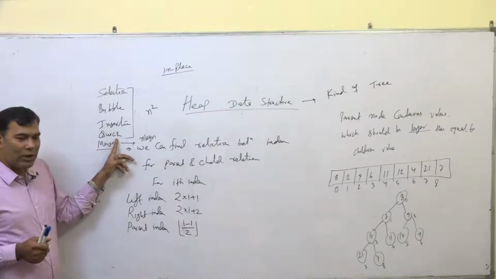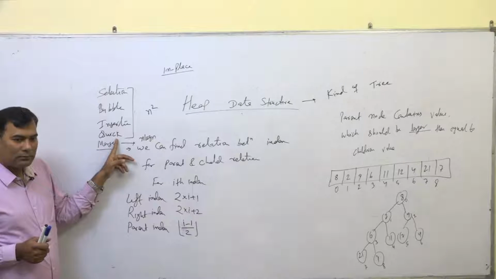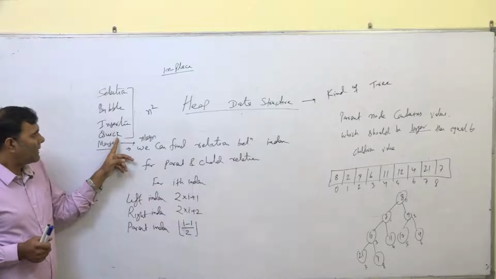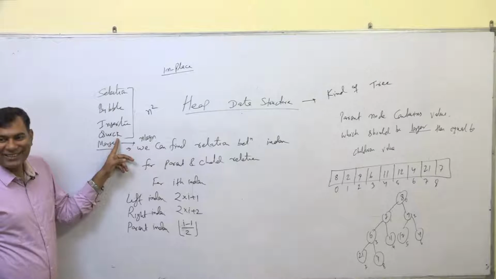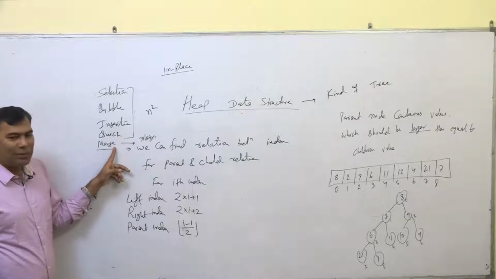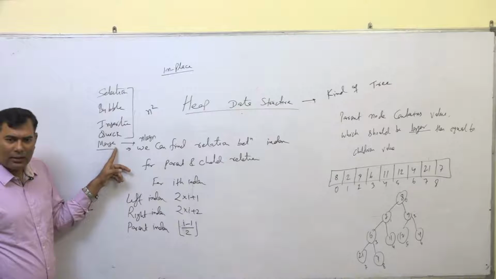Best case of quick sort? n log n. Very good. And best case of merge sort? n log n. इसका हर केस में n log n होता है.